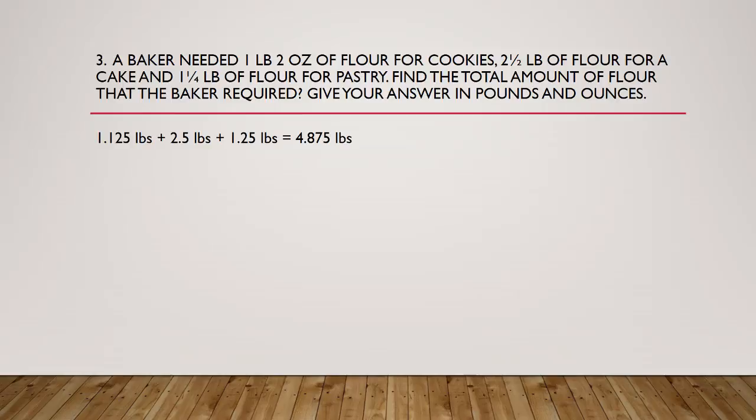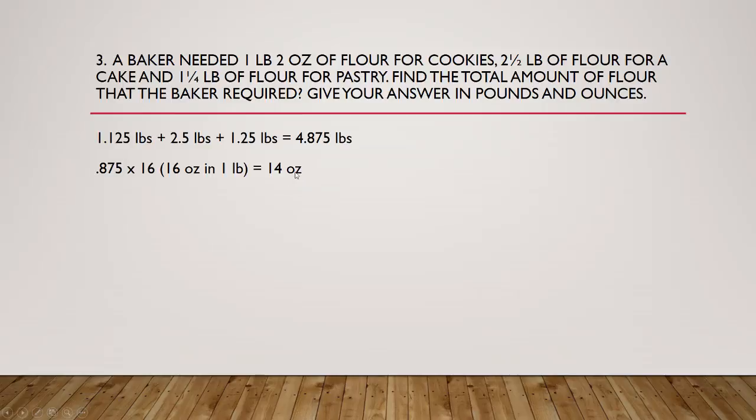So here's what we're adding. 1.125 pounds plus 2.5 pounds plus 1.25 pounds, and that equals 4.875 pounds. So again, we've got the no-brainer part. We've got 4 whole pounds. We're going to take the 0.875 and multiply that by 16, the amount of ounces in a pound, and we're going to end up with 14 ounces.